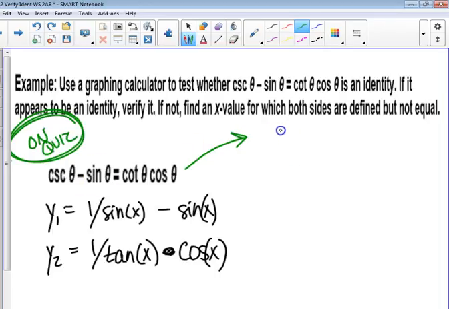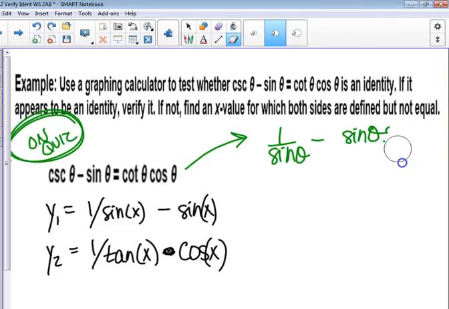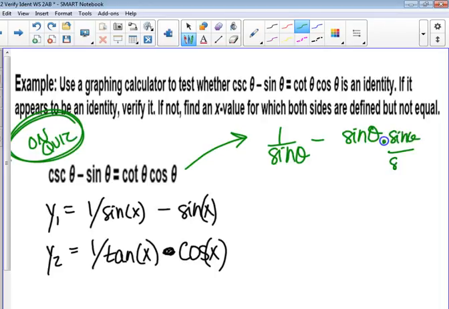Cosecant is what? Just help me. 1 over sine, and then it says minus sine. Then what? Common denominator? So we got to multiply by sine over sine here. Okay.